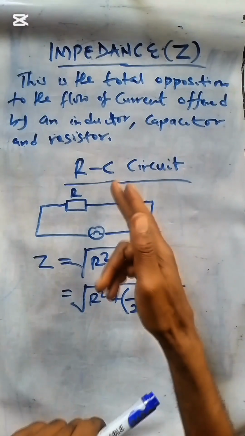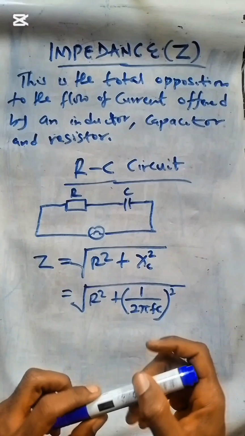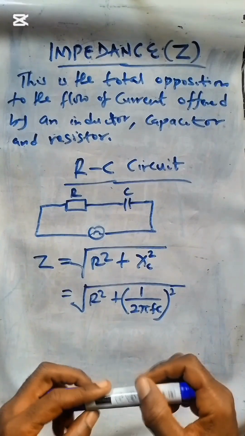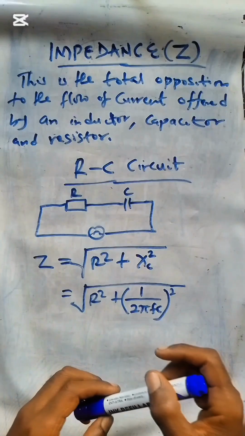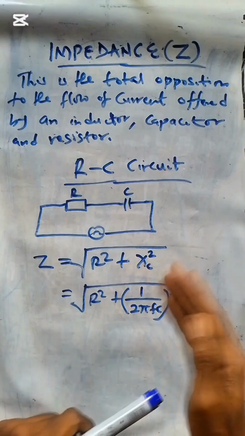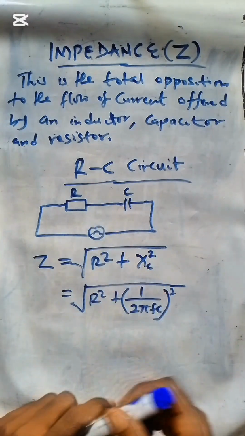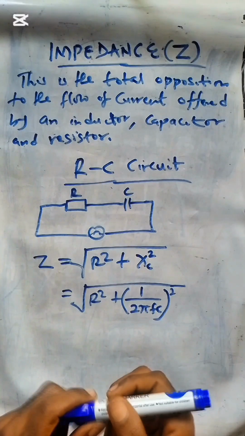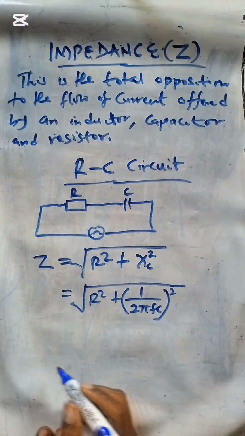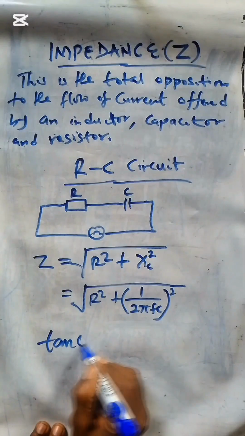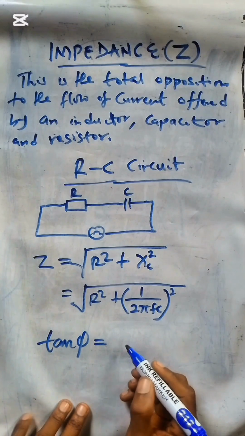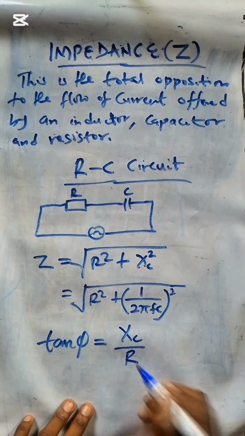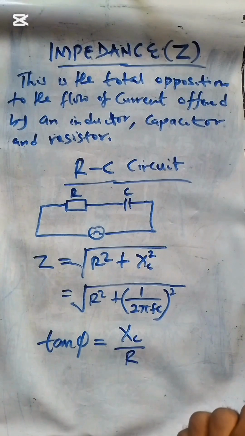Now, because of this capacitor that is there, there's what we call the phase angle between the current and the voltage. There will be a phase angle between the current and the voltage because we are having a capacitor connected in series there. The phase angle is given by the relationship tan of the phase angle is equal to your capacitive reactance over your resistance.